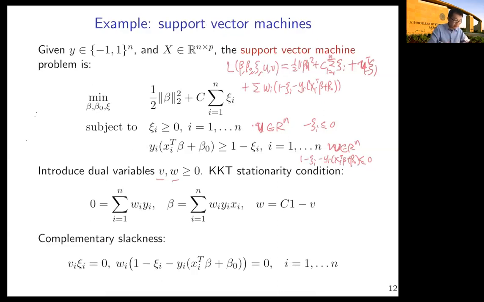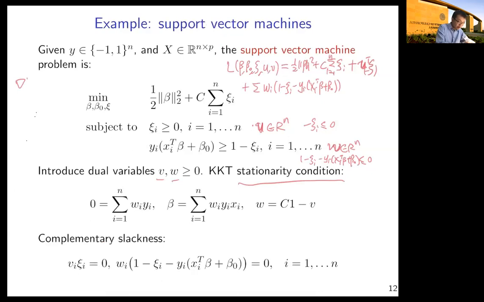Then the stationarity conditions, since this is differentiable, involve taking the gradient with respect to the primal variables and setting it to 0. So let's take the gradient of this Lagrangian with respect to the different primal variables.